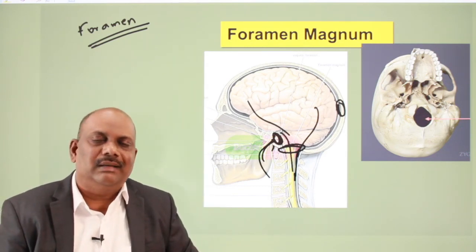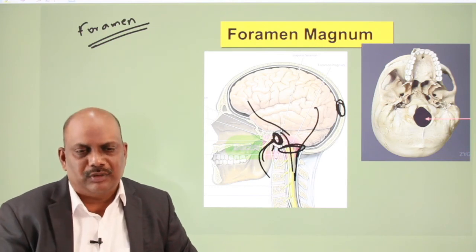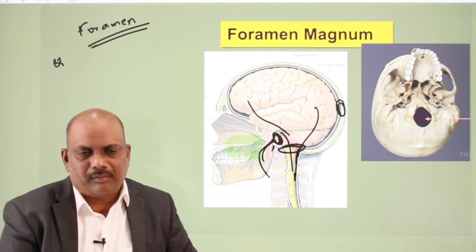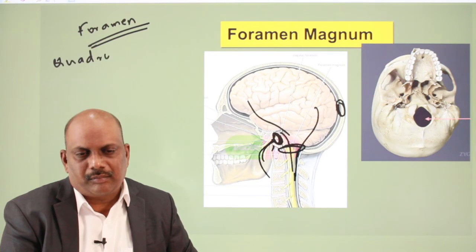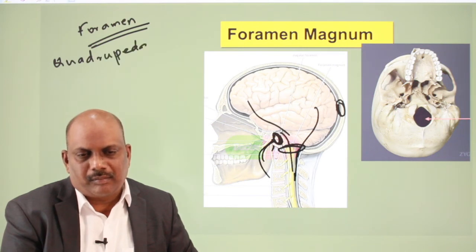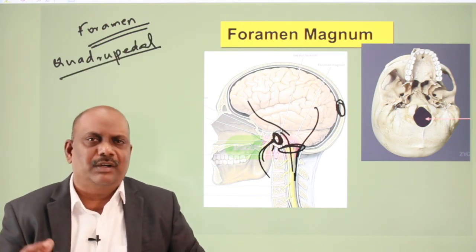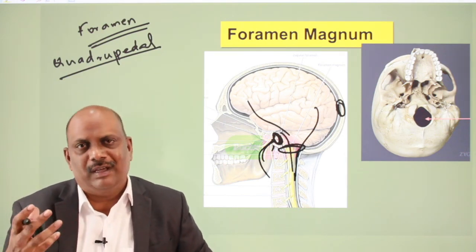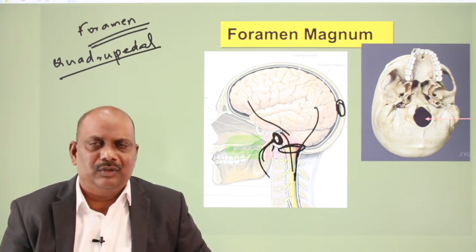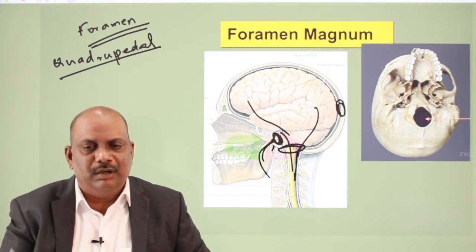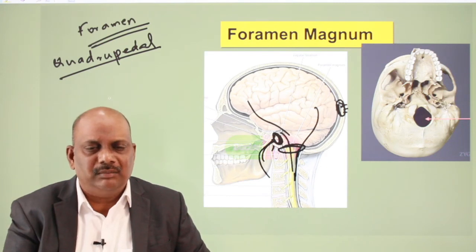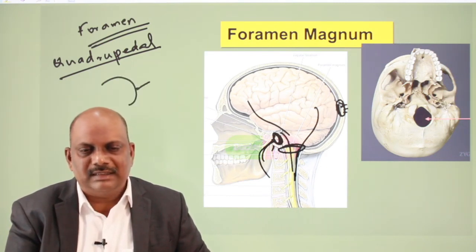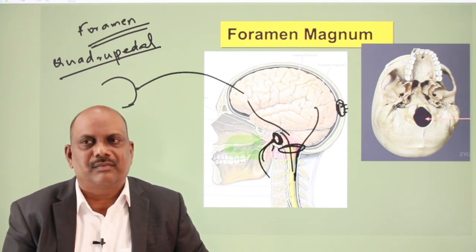That was when the animals had quadrupedal locomotion, that means walking using all four limbs. You can have a look at a dog if you have a pet at home. For them, for the face to be projected, the foramen magnum will be here, and the vertebral column will just have a single arch.